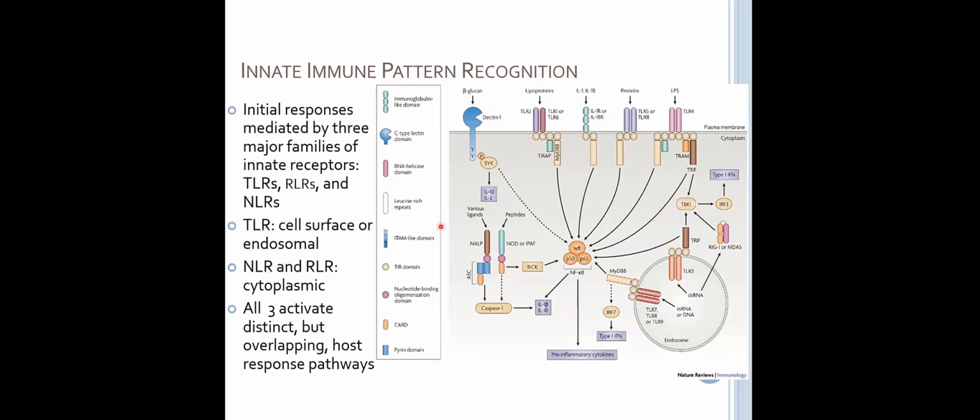And then some of them are inside the cell, and they're looking for intermediate stages of pathogen life cycles. So in terms of viruses, there are proteins that recognize viral genome intermediates, so things like double-stranded RNA, which is something that you shouldn't make a whole lot of in the normal life cycle of any of your cells, but is a critical intermediate in a lot of viral replication cycles.